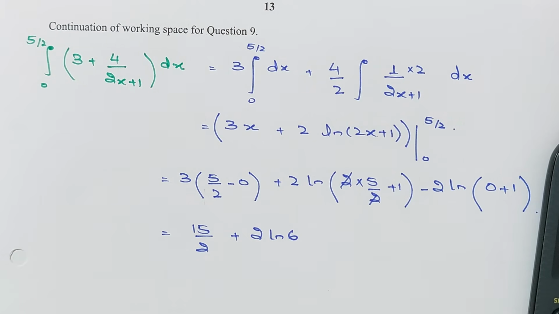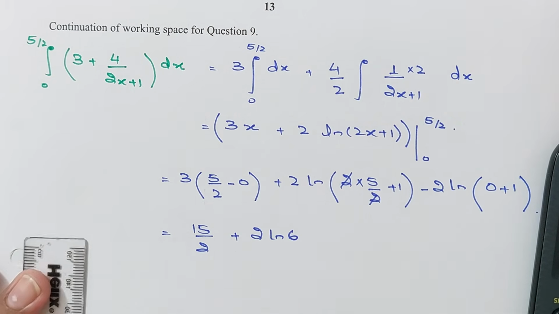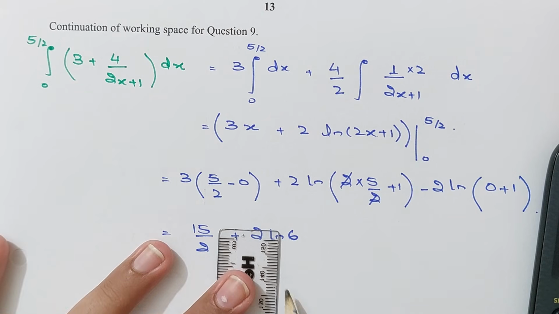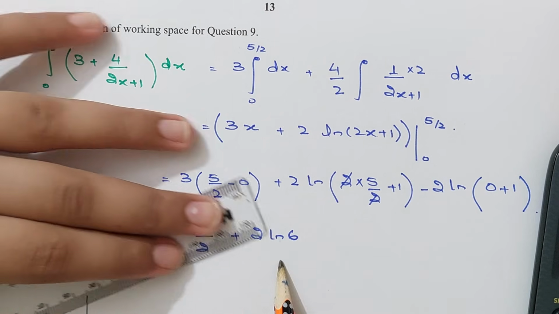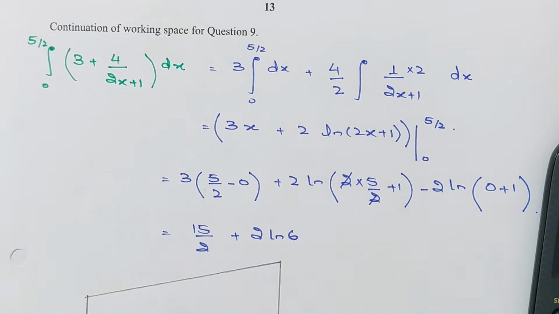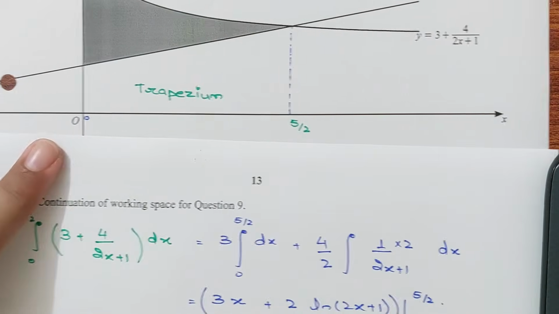If I draw the trapezium here, okay, this is the shape of the trapezium. So the sum of parallel sides, you can see this is the shape of the trapezium.